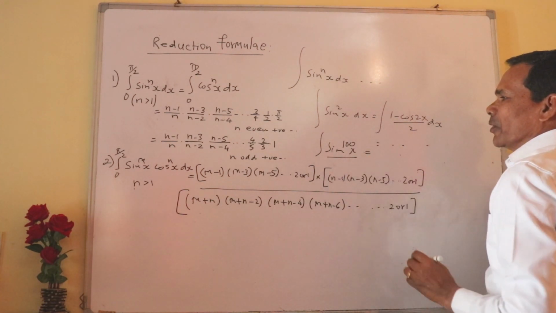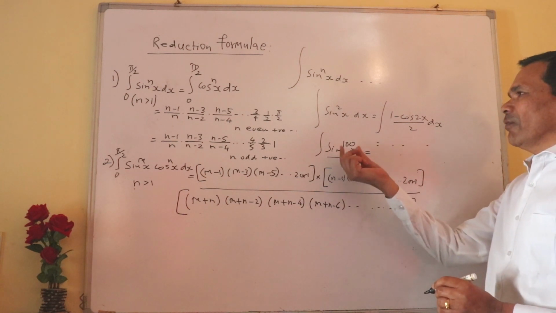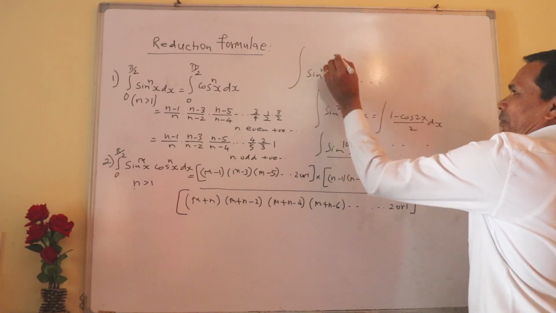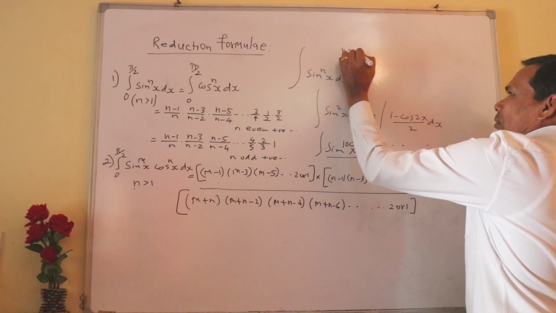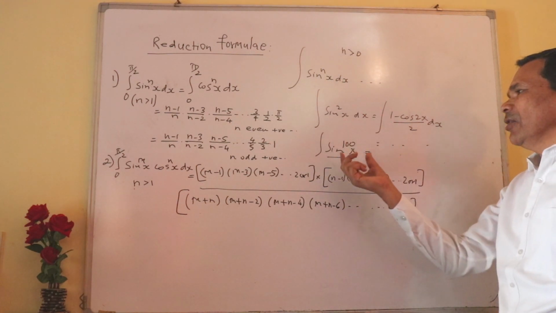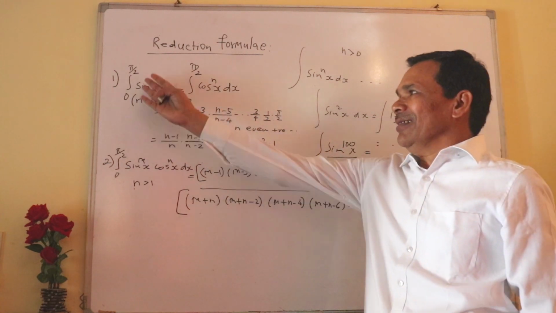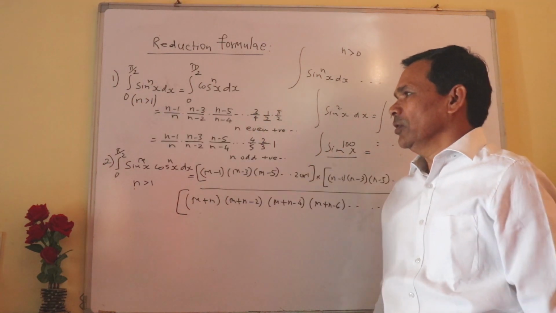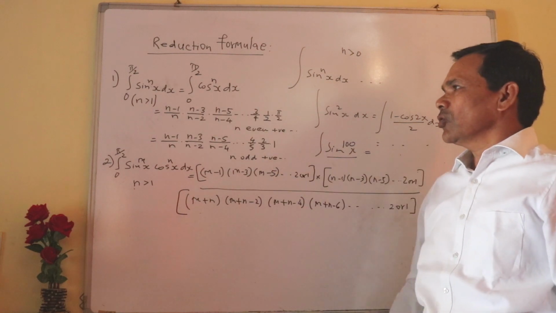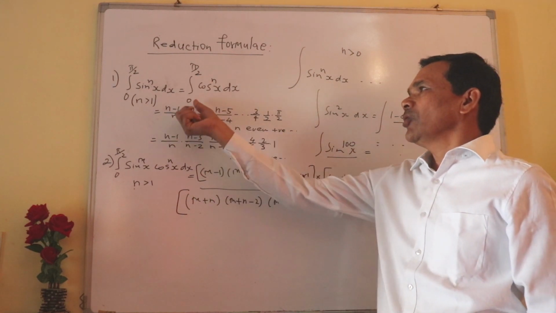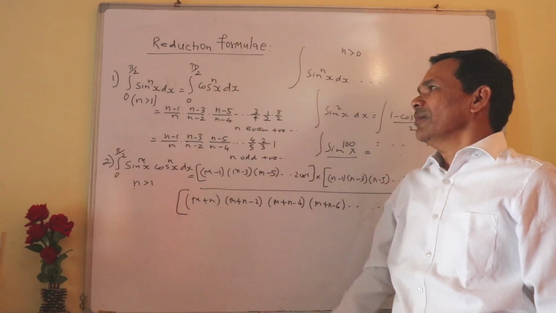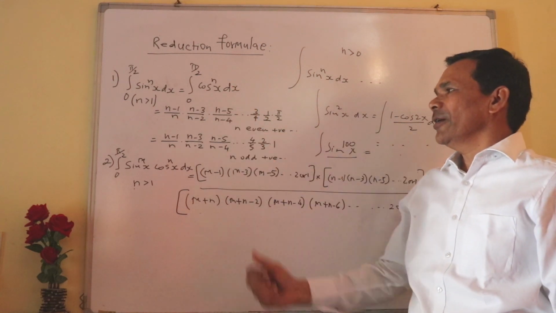So what we do, we try to develop reduction formulae for n greater than 0, and we can find out the value for any index, especially if you have the limits 0 to pi by 2. Most of the integrals are reduced to this particular form, 0 to pi by 2, some cos raised to some index there.